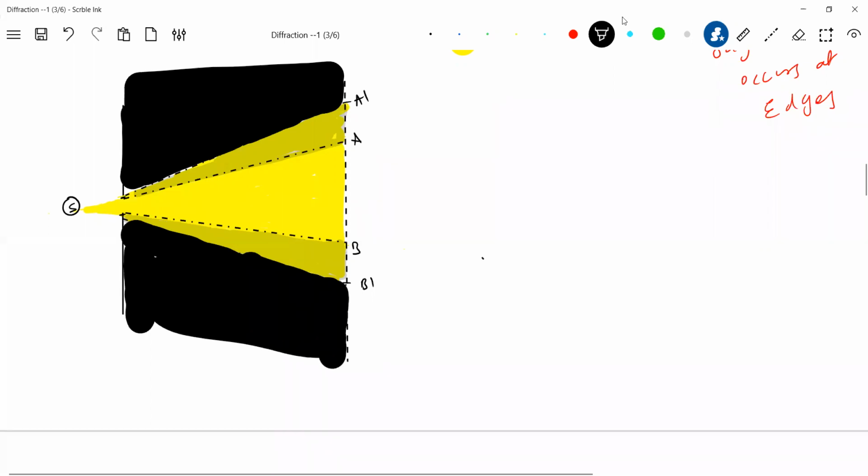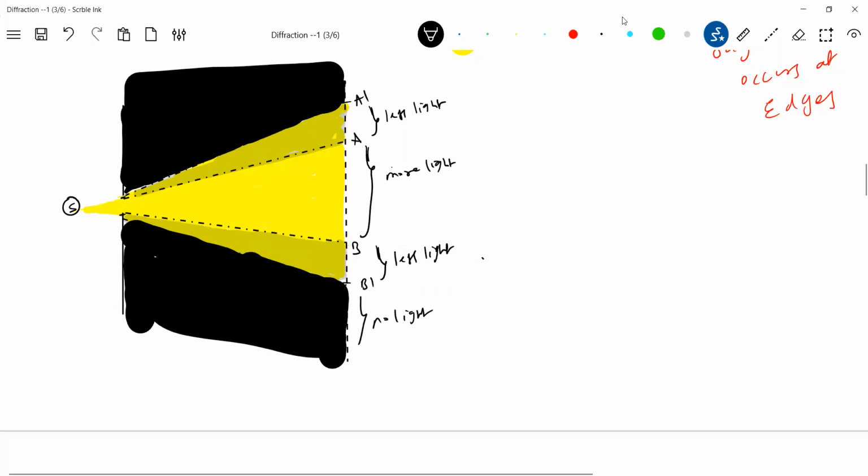This is what happens in a lab. You can do such things at home. So here what happened? All the light here, and less light here. Now, what do we expect? Here there should not be light according to ray optics.